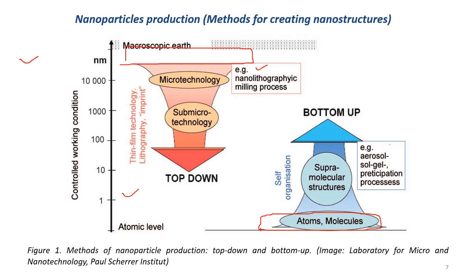Examples of these are aerosol, sol-gel, the precipitation process, and self-organization, where supramolecular structures develop. This is called the bottom-up approach. So largely we can say there are two parallel approaches for building these nanoparticles or nanostructures. Both are equal contributors to the production of these nanomaterials or nanoparticles.